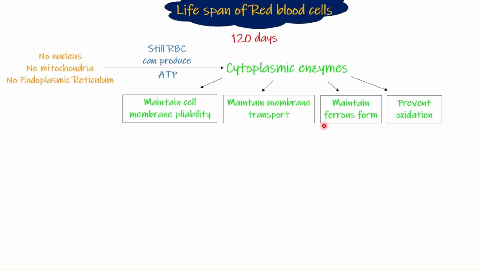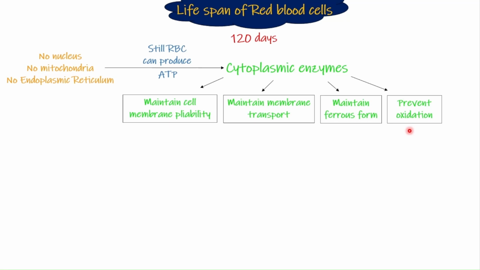Finally, the cytoplasmic enzymes prevent oxidation in the RBCs. So these are the four functions: maintaining cell pliability, maintaining membrane transport, maintaining the ferrous form, not the ferric one, and prevention of oxidation.